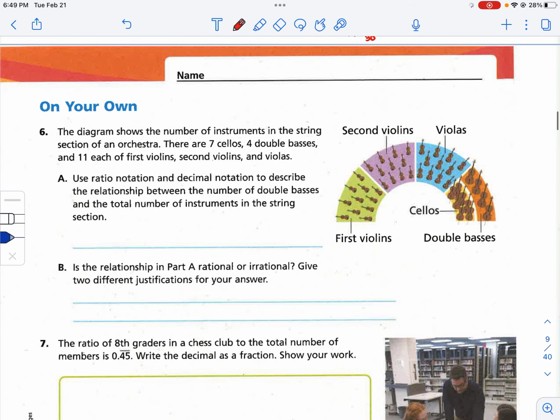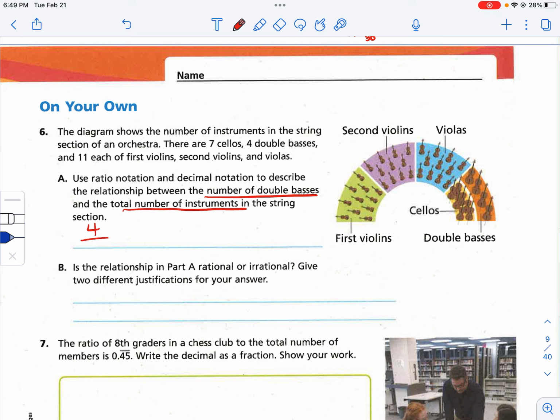And then down here, the diagram shows the number of instruments in the string section of an orchestra. There are 7 cellos, 4 double basses, 11 of each of first violins, second violins, and violas. Use a ratio notation and decimal notation to describe the relationship between the number of double basses and the total number of instruments. So, the number of double basses, that's 4.